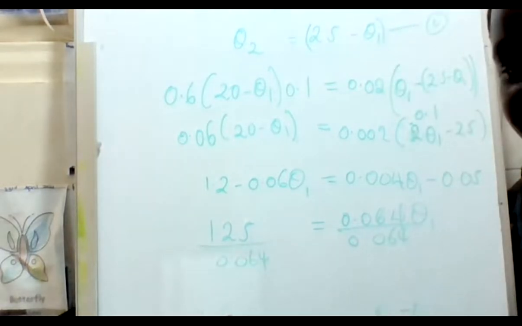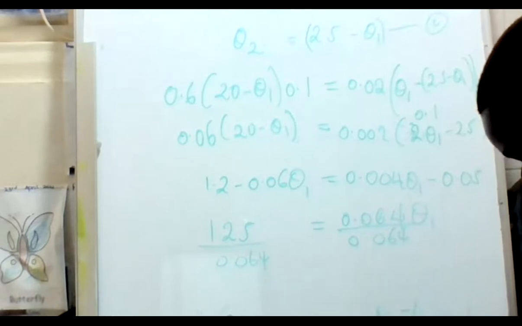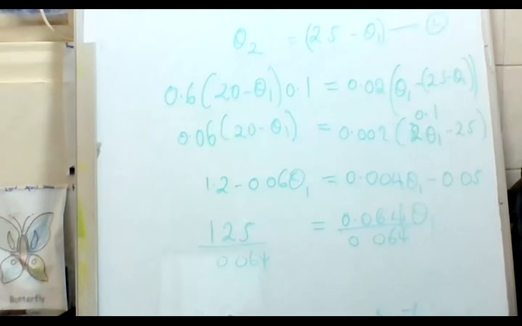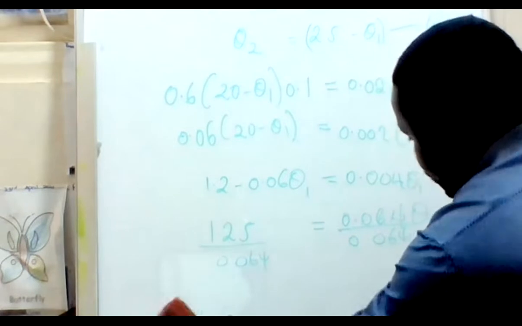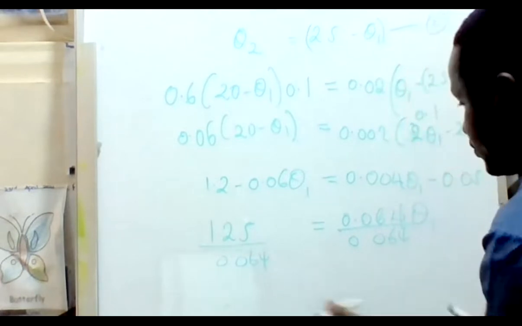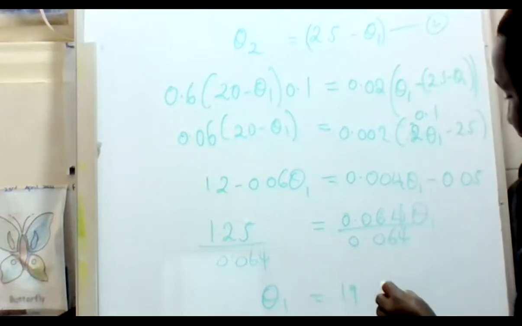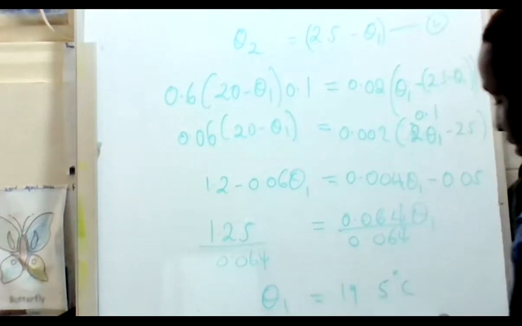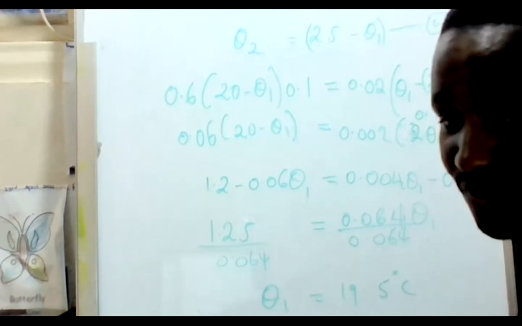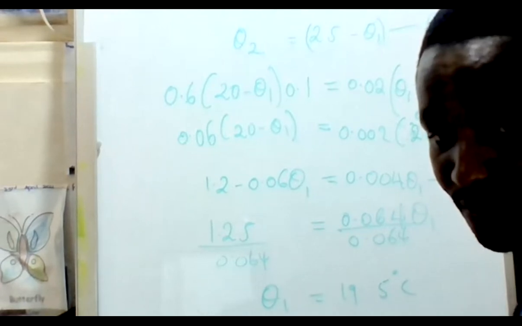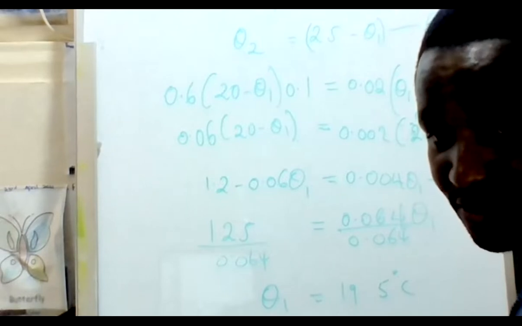The answer we're going to get, we write 1.25 divided by 0.064. If we check, I get 19.5. So theta 1 is equal to 19.5 degrees Celsius. If you check with our answer, which is here, you can see it.